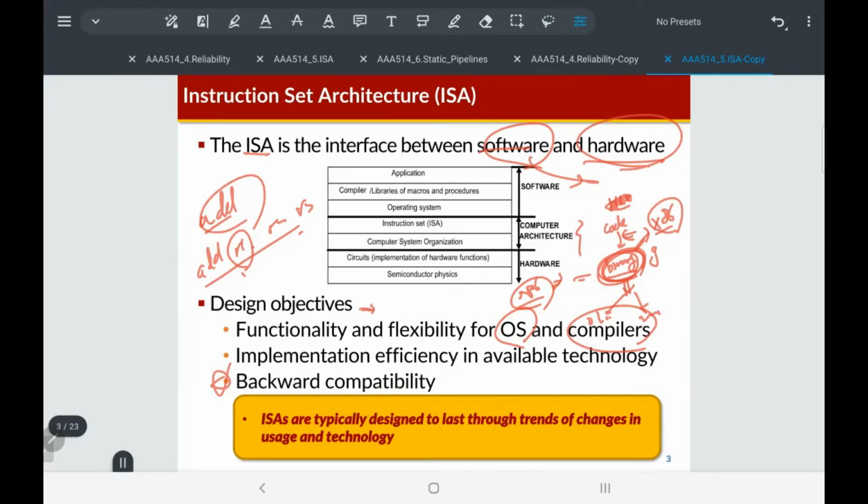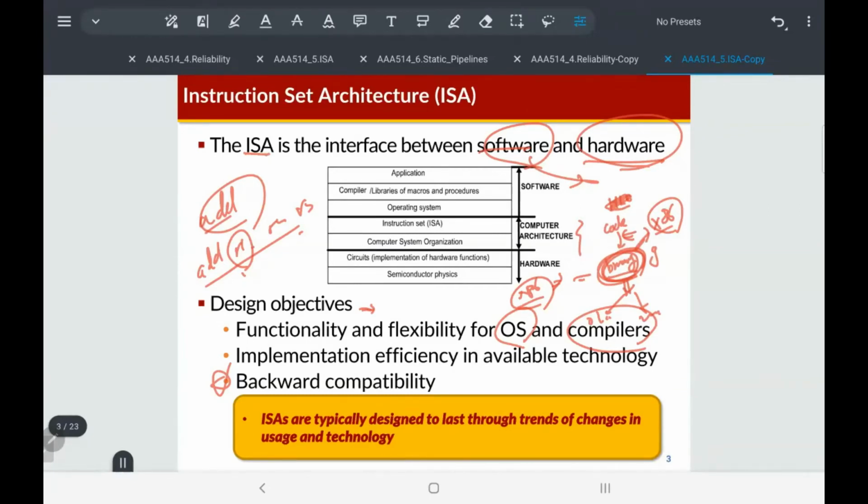But modern x86 processors also need to support these instructions, even though they are very inefficient.